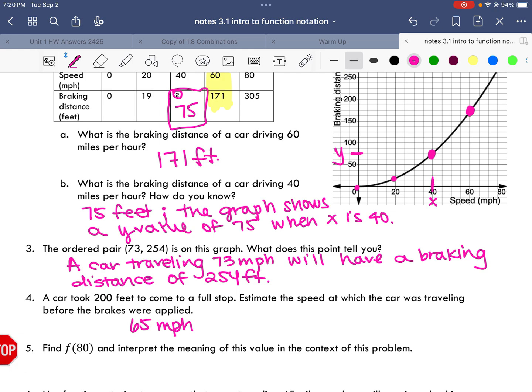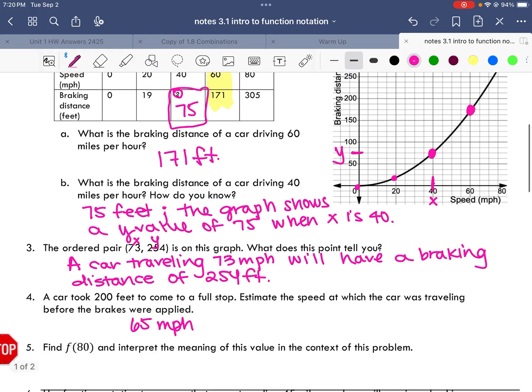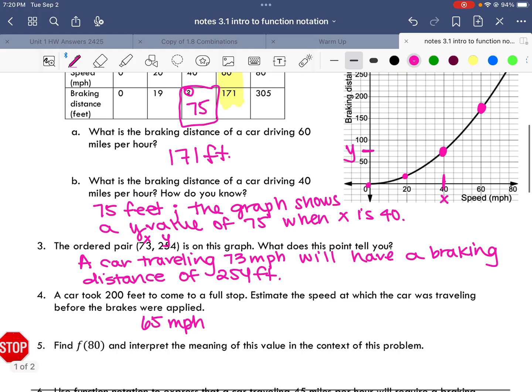Or what does that point tell you in the context, right? This is your X, and this is your Y. So it tells me that when the car is traveling 73 miles per hour, it will have a braking distance of 254 feet.